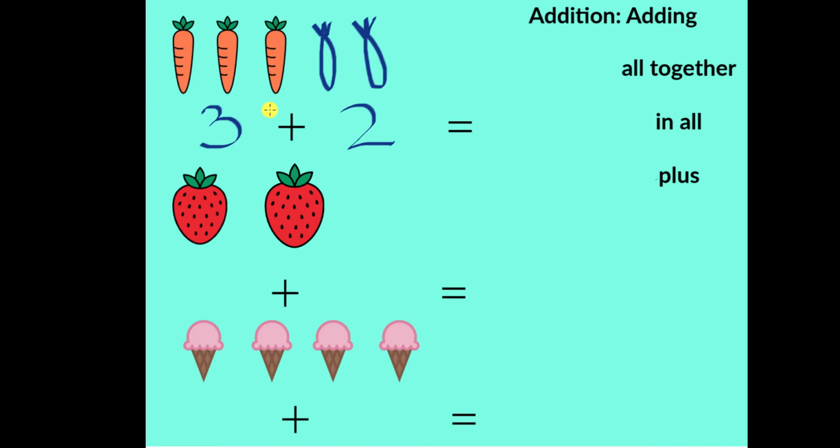So how many carrots does he have in his basket in all? In all. Let's count. 1, 2, 3, 4, 5. He has 5 carrots in his basket. He started off with 3 and he added 2 more. How many carrots does he have in all in his basket?